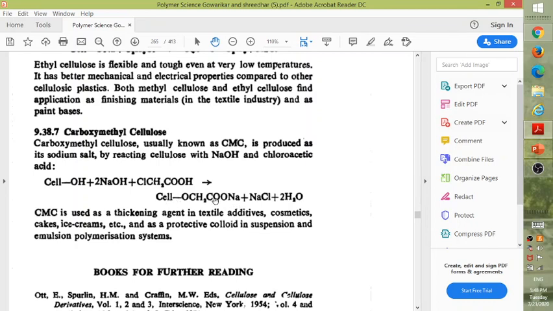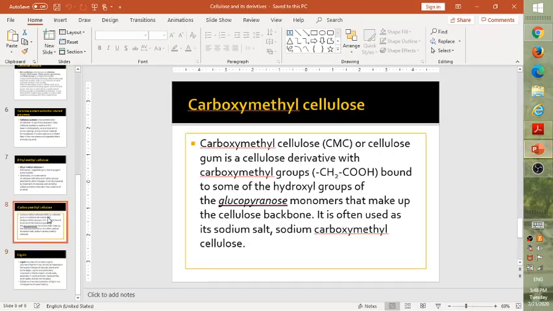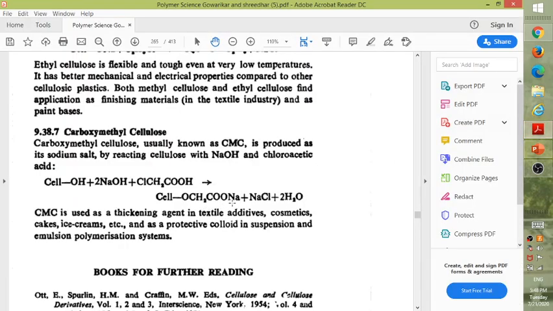You get NaCl as byproduct and 2 molecules of water, and you get carboxyl methyl cellulose, which is nothing but a cellulose derivative with carboxyl methyl groups, CH2COOH. So CH2COONa, carboxyl methyl cellulose.